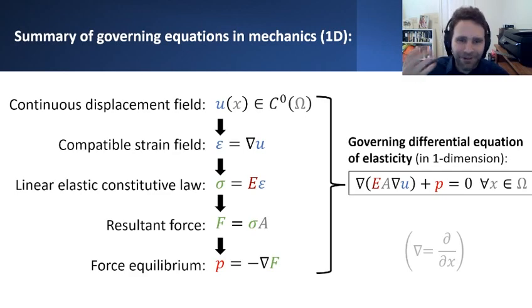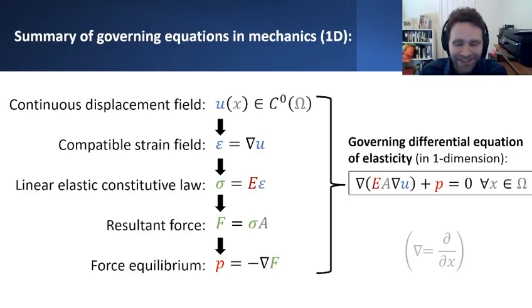We can, from that definition of displacement, define the resulting strain field, which is just the derivative of that displacement field. We can use our linear elastic constitutive law in one dimension. It's fairly simple. The axial stress in this one-dimensional member is simply proportional to the Young's modulus of the material multiplied by the strain in the material.